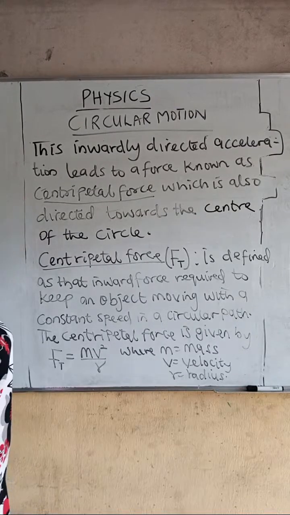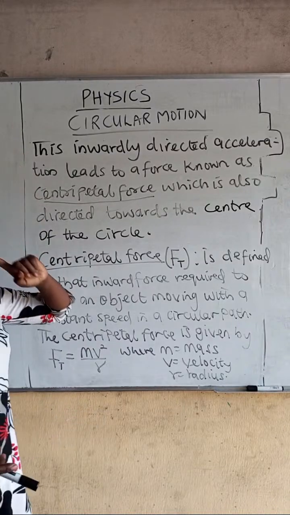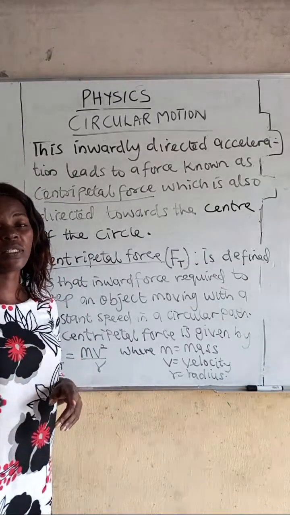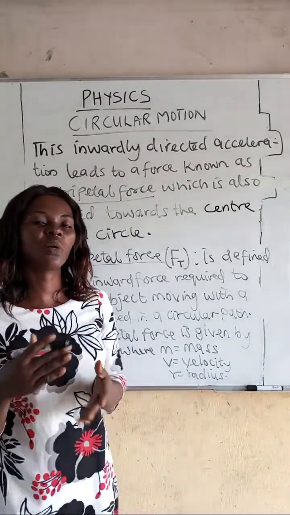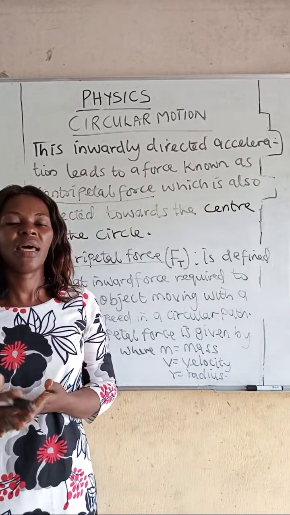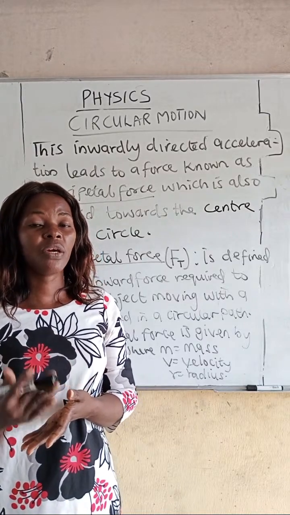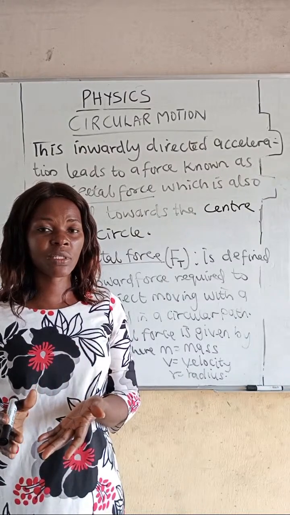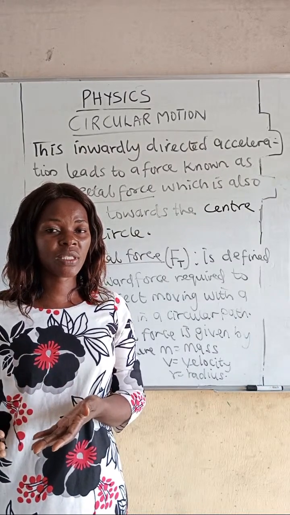I said previously in the other diagram that we drew, that anybody that undergoes circular motion is moving in a circle. And for it to be a circular motion, it must have a constant speed. I equally gave you the difference between circular motion and rotational motion: in rotational motion, there is no constant speed, you can regulate it. But in circular motion, there must be constant speed.